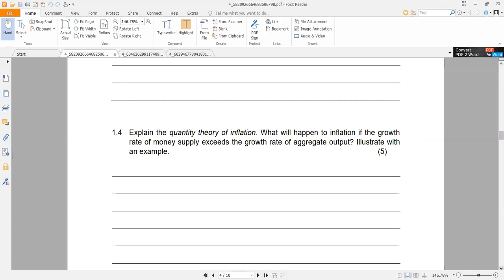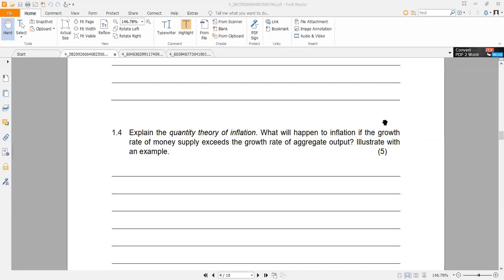Anyone to explain? What is the quantity theory of money? Yes, you unmuted yourself. What's your take?